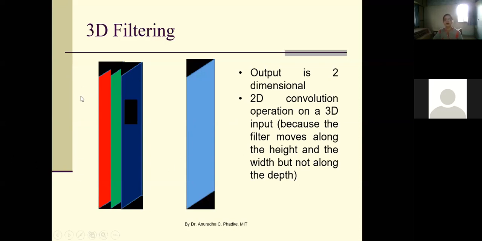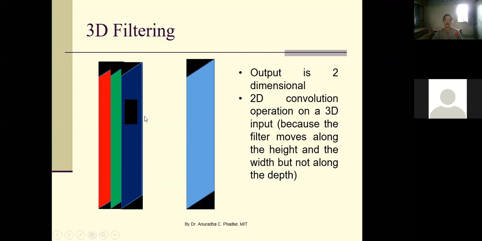For representing color information you need 3 planes. So your image size will be number of rows into number of columns into 3, because 3 is needed to represent these 3 planes, red, green and blue.